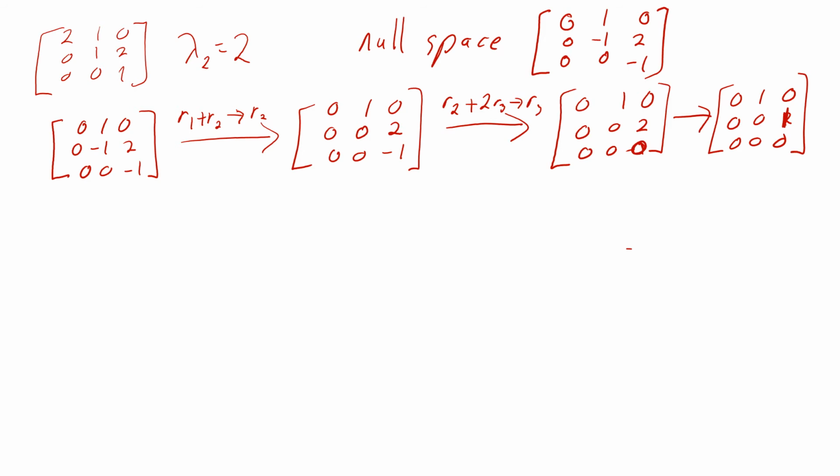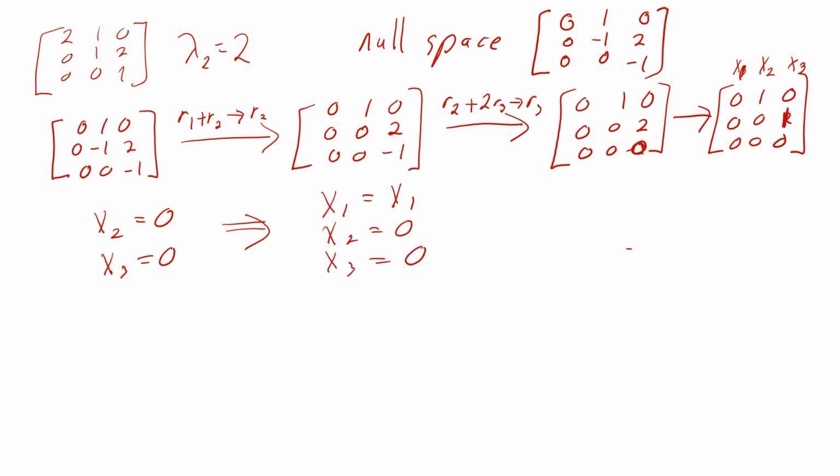Now we have our 3 variables again, x1, x2, and x3. We can see that x1 is a free variable this time. So our equations associated with this matrix are that x2 equals 0 and x3 equals 0, which if we put into our normal form, we have x1 equals x1, x2 equals 0, and x3 equals 0.